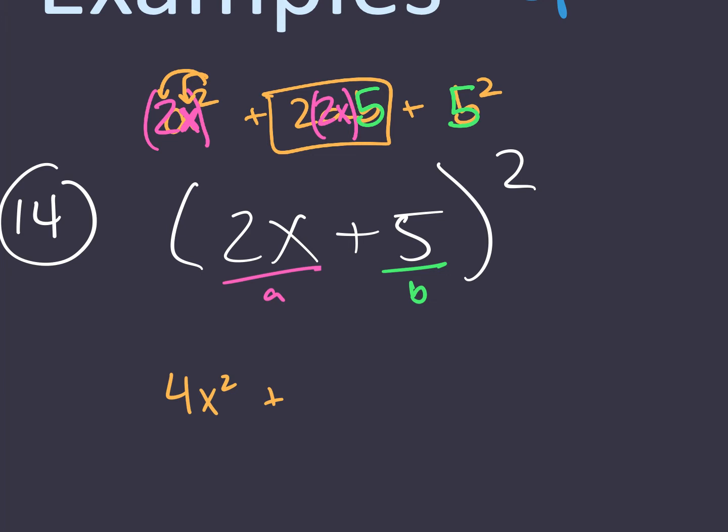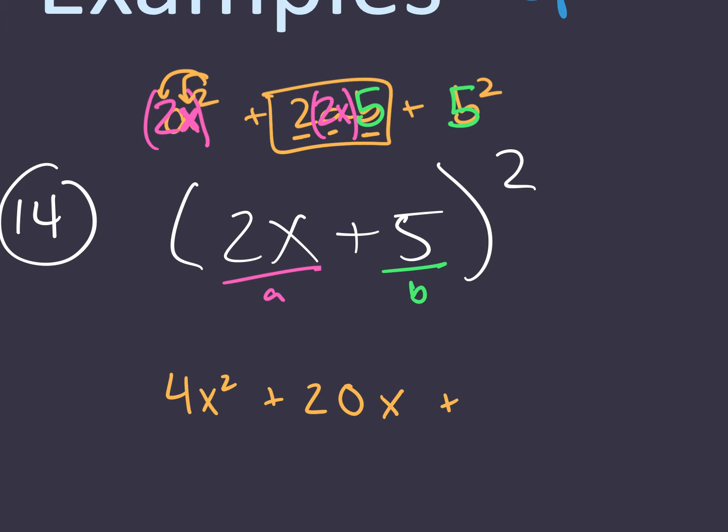What gets multiplied together? The 2 and the 5 and what else? How many 2's do I have? 2. So 2, 2, and 5. The numbers get multiplied together. So 2 times 2 would be 4, and 4 times 5 is 20. And then I just have an x there. So we just multiply the numbers together and the x stays there.